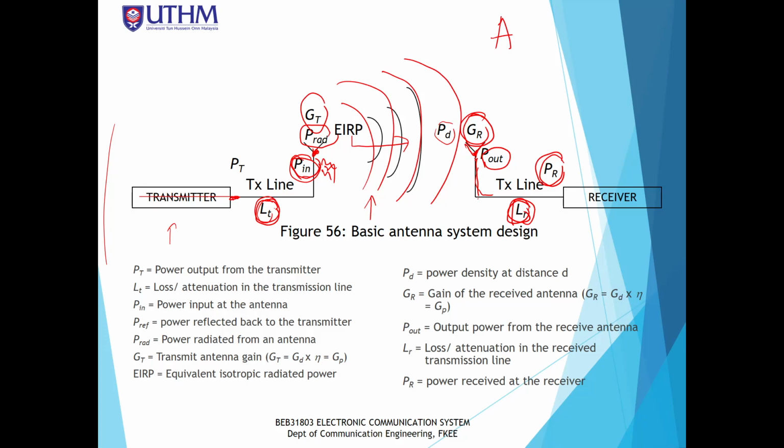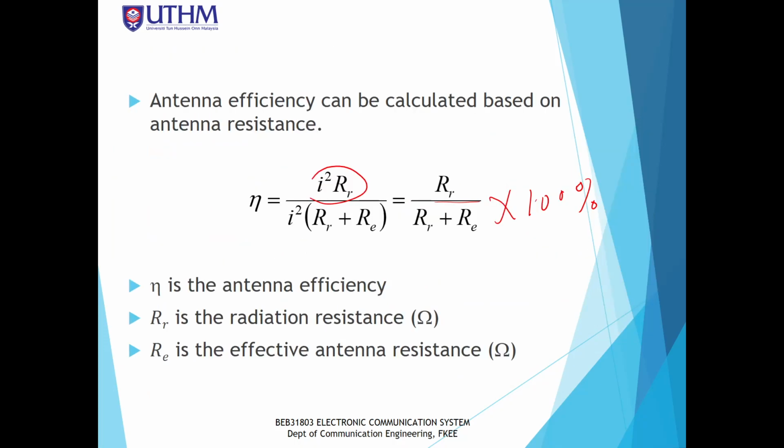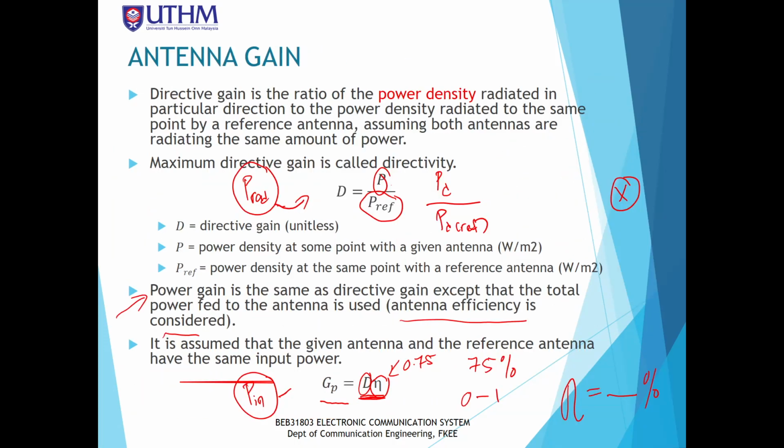So when we want to use the gains, apabila kita nak menggunakan gains, the directivity gain is actually the gain used towards a certain direction. That is why later you're going to see that the directivity gain is going to be multiplied with the radiation power so that we can know the total EIRP.